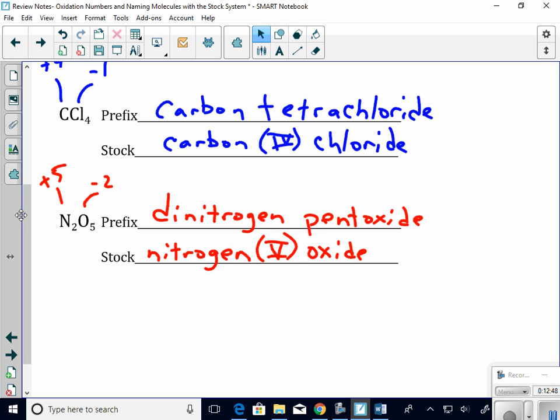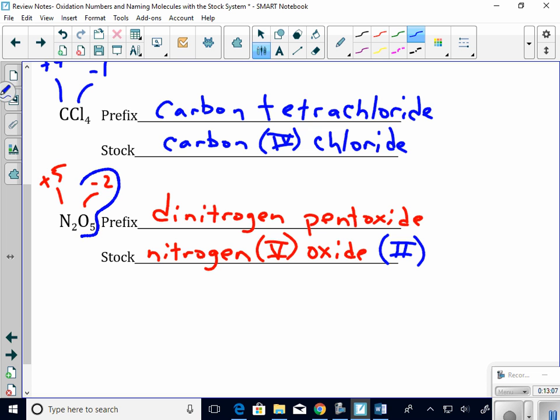Now, another thing that people commonly want to do is this. Nitrogen 5 oxide, they want to do this: nitrogen 5 oxide 2. Why did they do that? Well, they said, here, oxygen's 2, I'm going to put oxygen 2 back there. Do we need to do that?